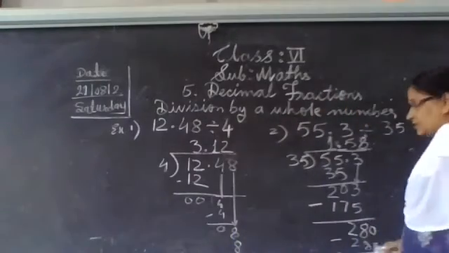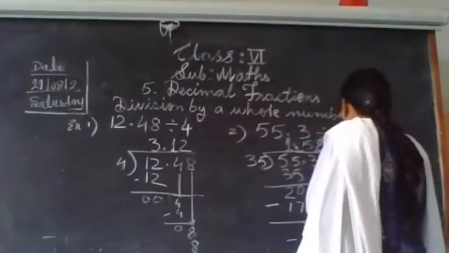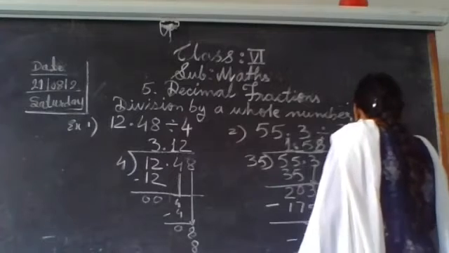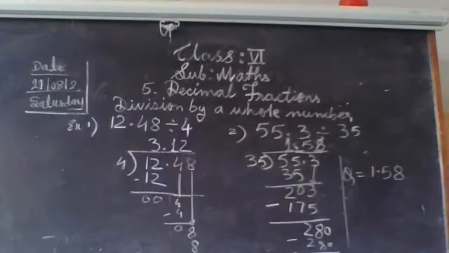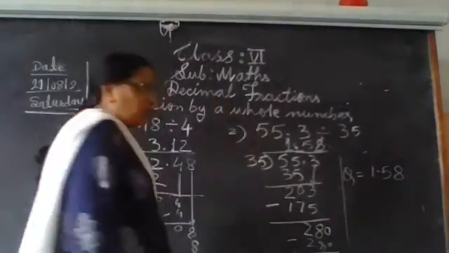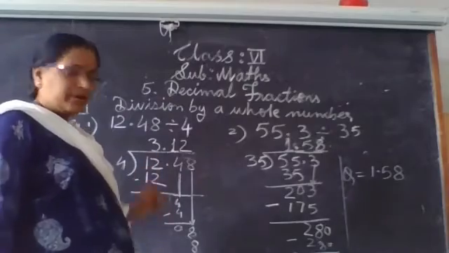So what is the quotient? Here the quotient is 1.58 and the remainder is 0. So got it, children? How to divide a decimal fraction by a whole number.